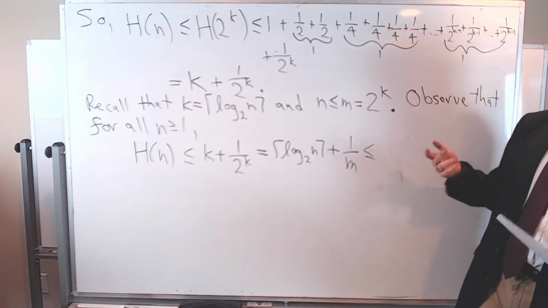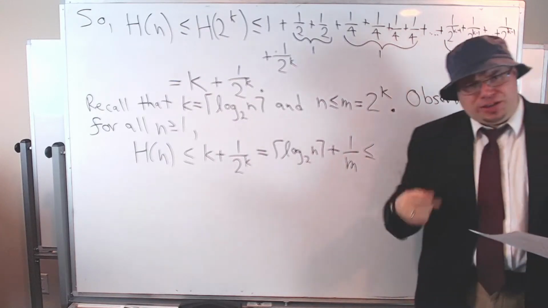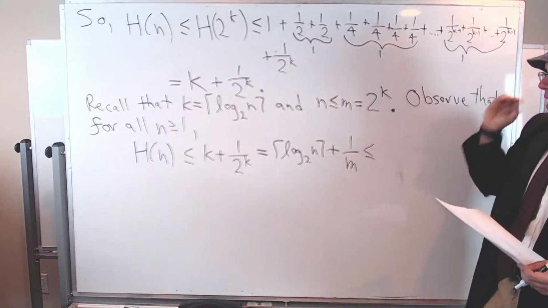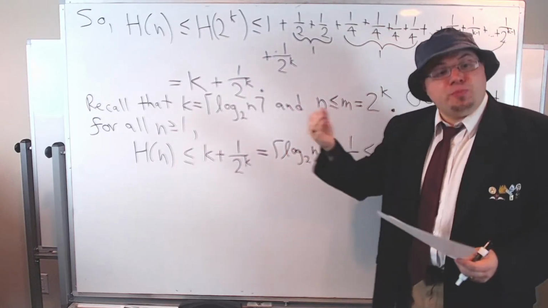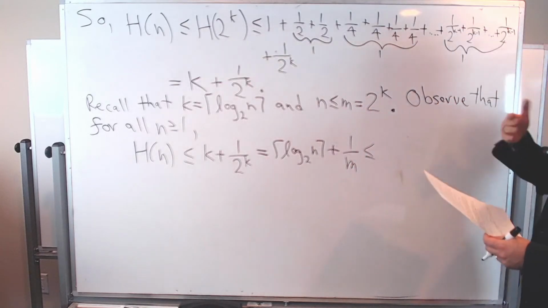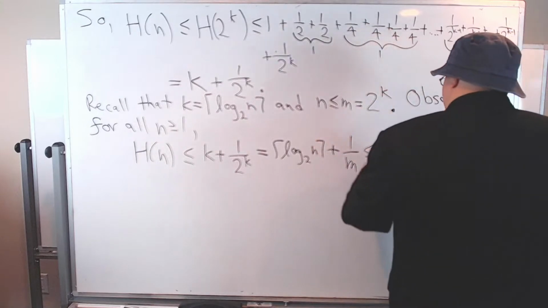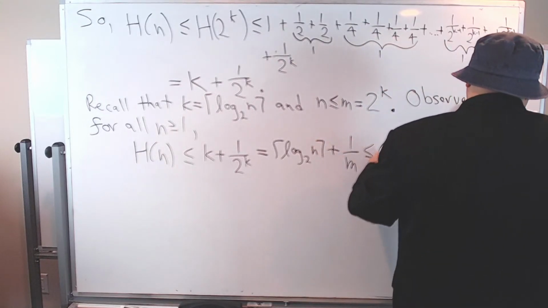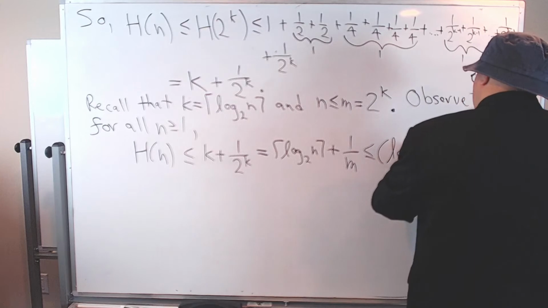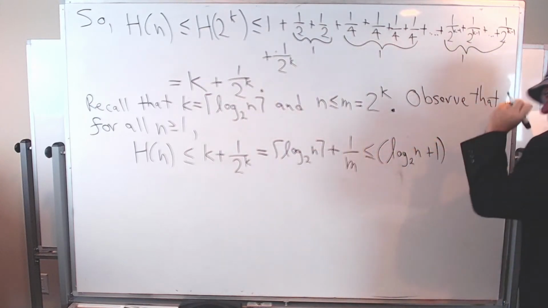So, for example, if I have something like 1.1, when I use the ceiling on 1.1, I get 2, right? So if I add 1 to 1.1, I get 2.1, which is bigger than 2, right? So it's either going to be equal to it or possibly bigger. So I'm just going to use that little trick here to get rid of the ceiling. So now the ceiling of log base 2 of n is less than or equal to this.